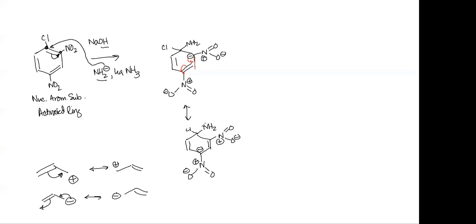The reason the nitro groups are necessary to make this activated is because the minus charge ends up next to both of the nitro groups. Since these are electron withdrawing groups, they can pull the electron density out and stabilize it. If these were electron donating groups, they'd be trying to push electron density into a carbon that already has a negative charge, and that would destabilize it. So these are two of the resonance structures that are possible.